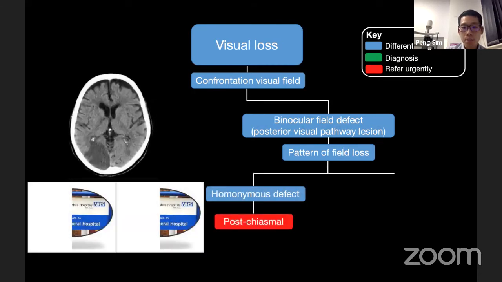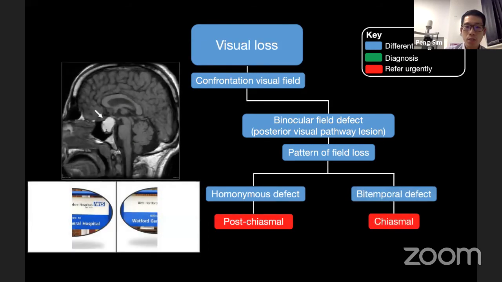Here in this example, you can see a left-sided homonymous hemianopia. So then you know you can localize the lesion. It will be post-chiasmal. In this case, above the picture, you can see on this axial CT scan a hypodense area in the right occipital cortex. Because the lesion is on the right side, it gives you a left-sided homonymous hemianopia.